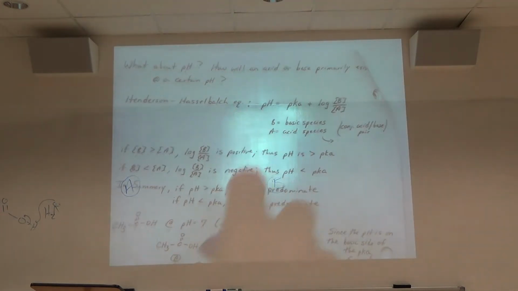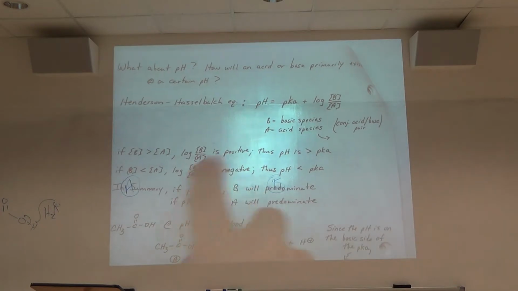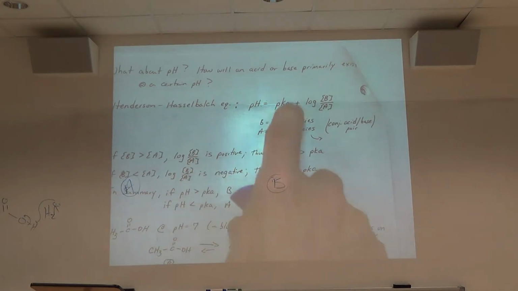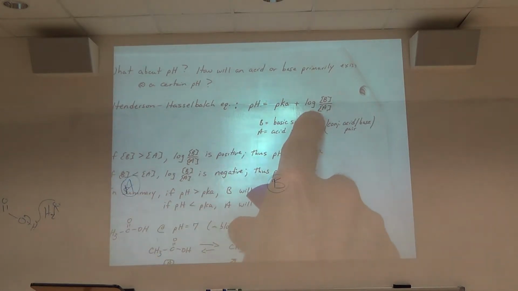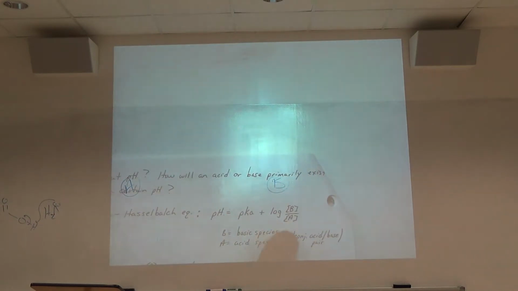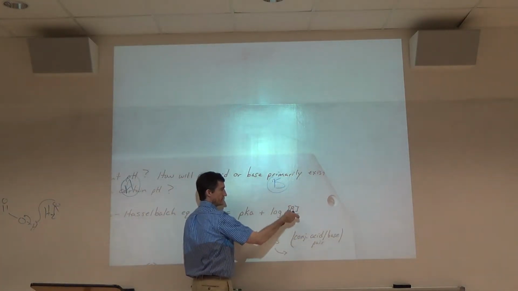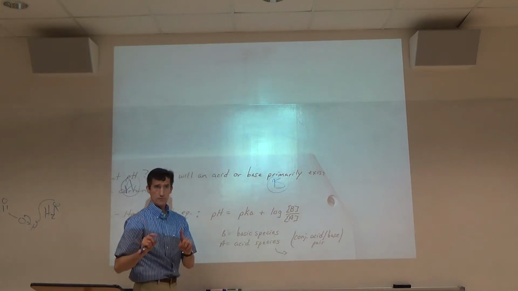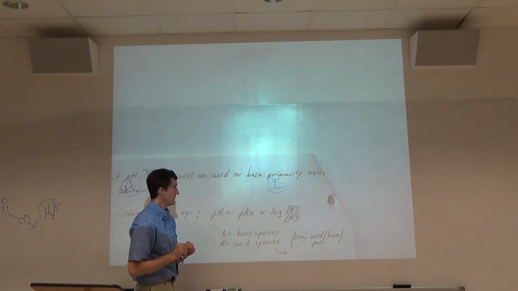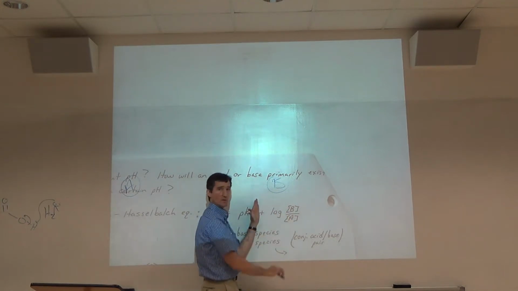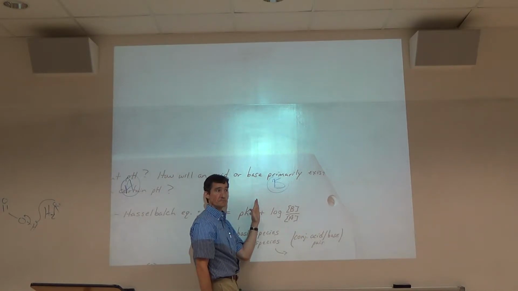Now you can look through this and see how we got to that summary from just this equation, because if you do a log, you can see how that works. Let me ask you this, those of you who like math: if the basic species and the acidic species are equal, what will this log term equal? 0.